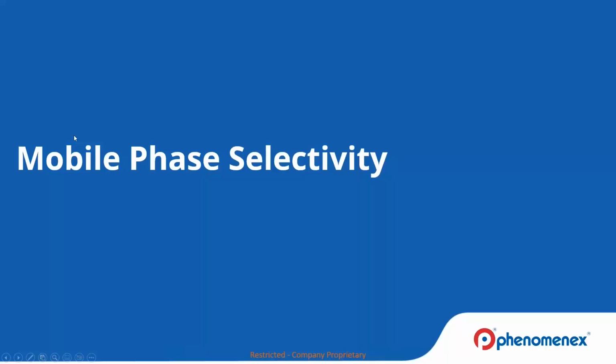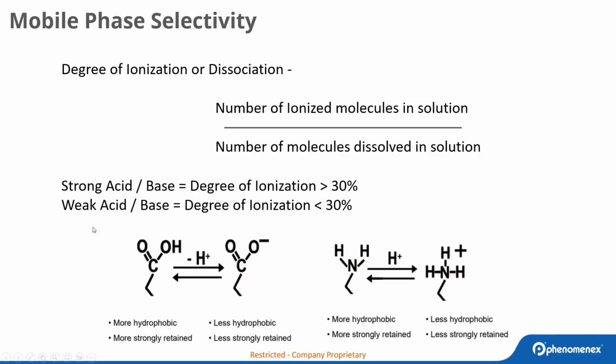Moving on, we are going to be talking about mobile phase selectivity, which is our last section in today's webinar. In reverse phase chromatography, to achieve the goal of resolution of the analytes and good peak shape, hydrophobic and some electrostatic interactions play a big role in that selectivity. To achieve that goal, the primary objective of a chemist should be to get the desired analyte of interest into a single state.